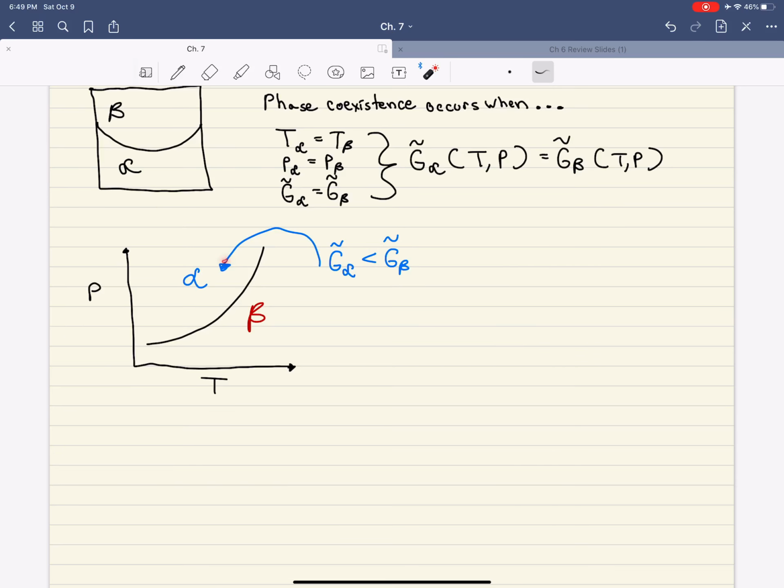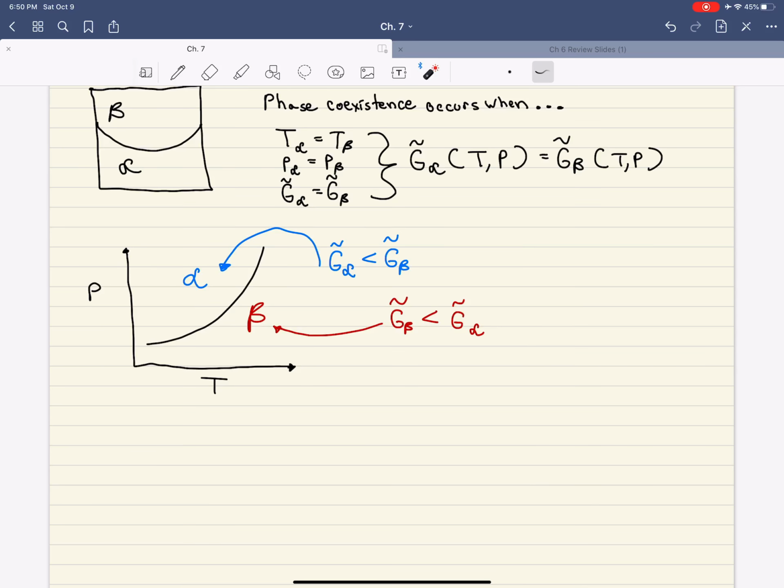The Gibbs energy is more minimized if it only exists as alpha rather than in the beta phase. So if you're in this region, at this pressure and temperature range, G alpha is lower than G beta, so the system only exists in the alpha phase. Similarly, in the beta region, at those pressures and temperatures, G beta is less than G alpha.